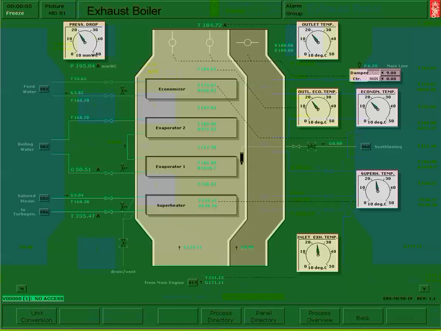So on this simulator, we just took a look at the steam side, or excuse me, the oil-fired boiler. Now we're looking at the exhaust gas boiler that's up in the stack. And in this case, this is a forced circulation boiler. I've got my generating tubes up here, and they are being supplied water from the circ pumps.